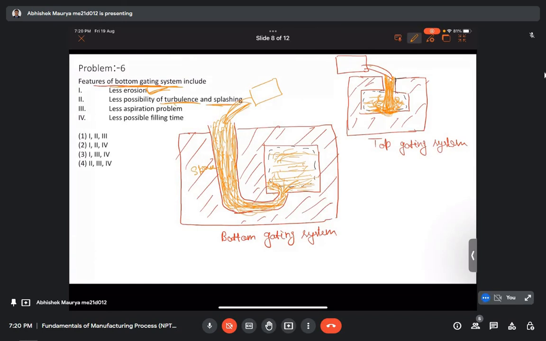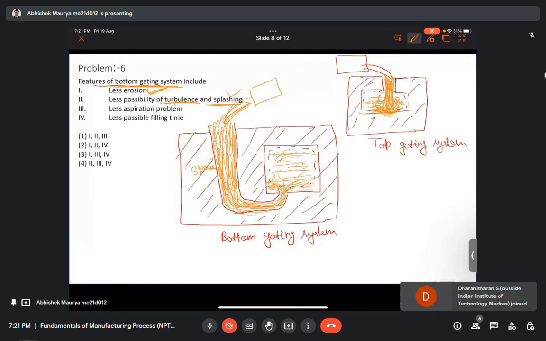So molten metal will come uniformly and gently inside the mold cavity. So yes, the second option is also correct. Less possibility of turbulence and splashing in bottom gating system.